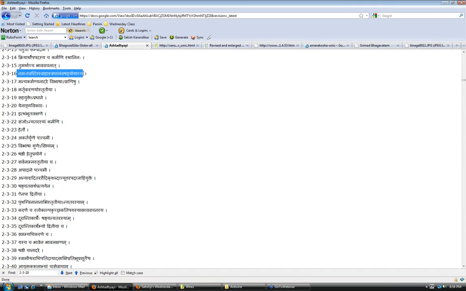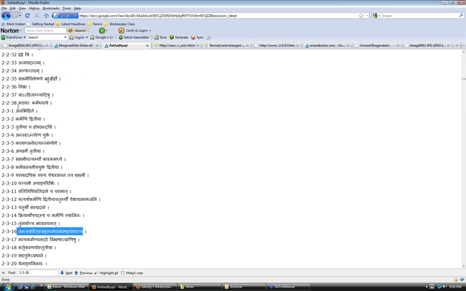These are just small details, setting the ground for next time: why we're going to 1.4 and why we're going to 2.3, why these two places. We saw a couple of reasons. First of all, we saw the anabhihite: all these things apply only when the meaning is not already expressed. If it becomes abhihita, then these don't apply, but the Karaka label still stays.